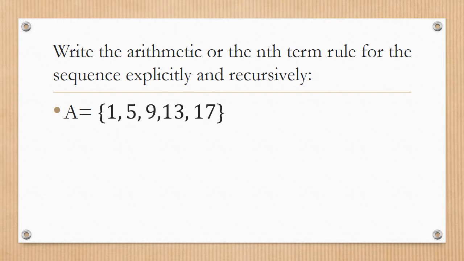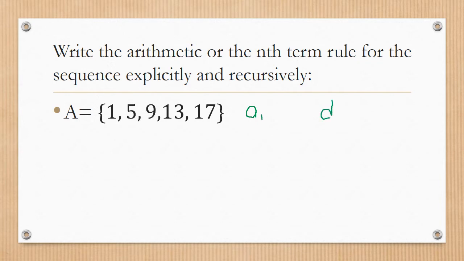Now let's take a look at this example where we have to write the nth term rule for an arithmetic sequence explicitly and recursively. To be able to write the rule, I need to think about the first term, and I need to find the common difference.